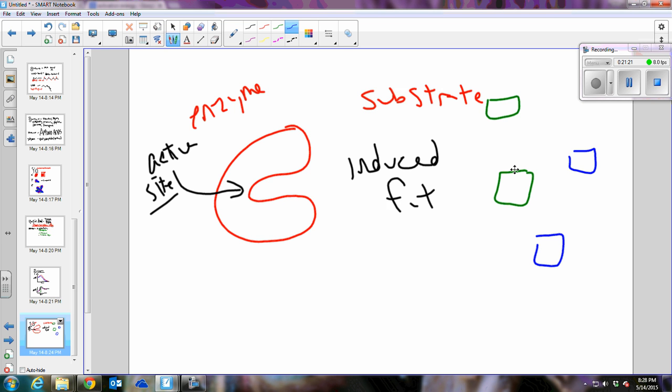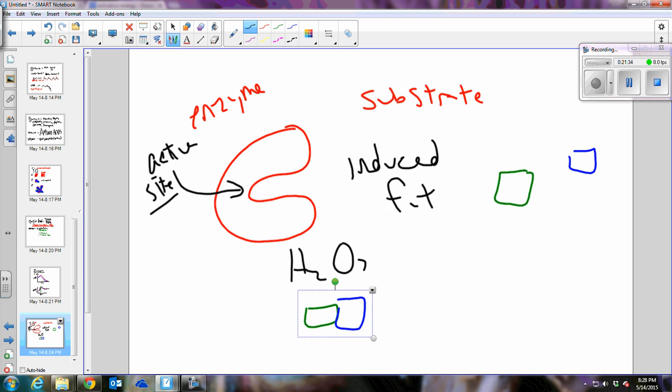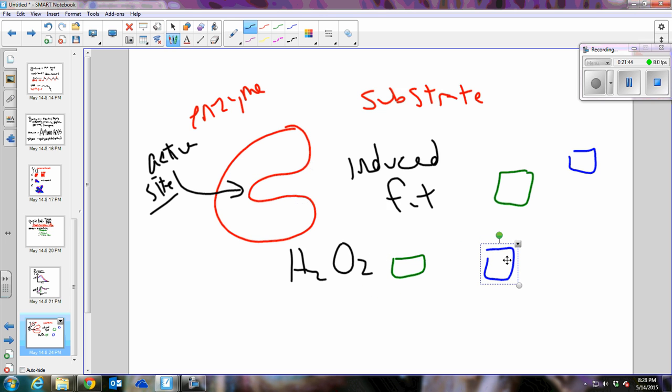Well, what's actually happening there is an enzyme called catalase is taking this molecule, which in this case is hydrogen peroxide, and breaking it apart into two groups, water and oxygen, which is the bubbles that you see. So the bubbles doesn't mean the peroxide's working, it actually means that your catalase is working.